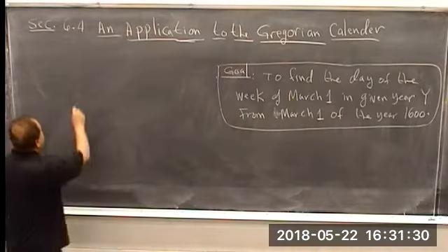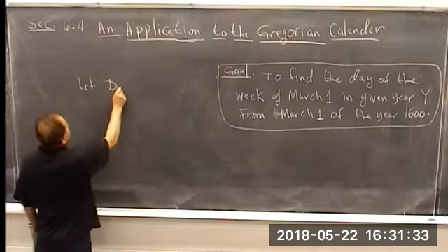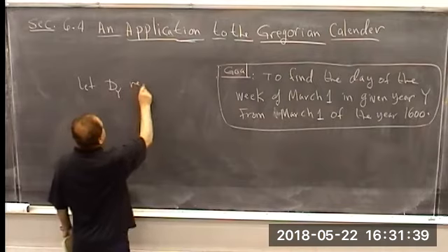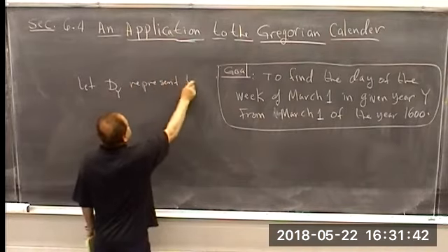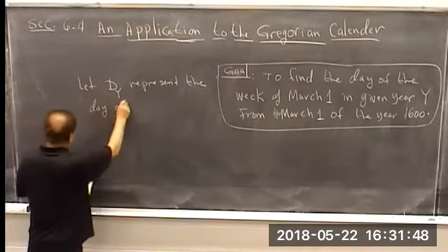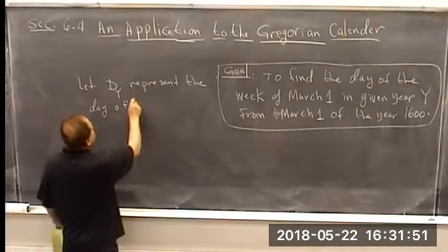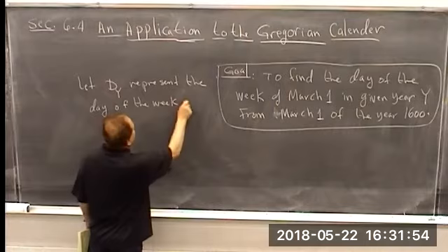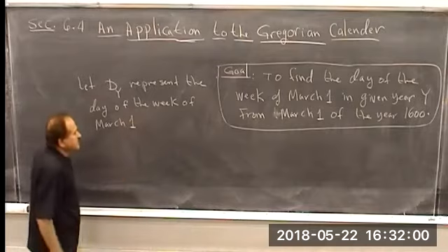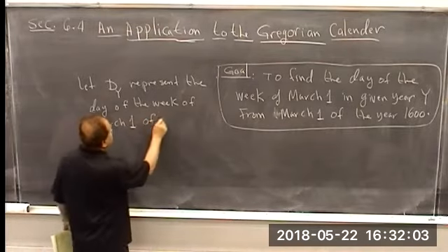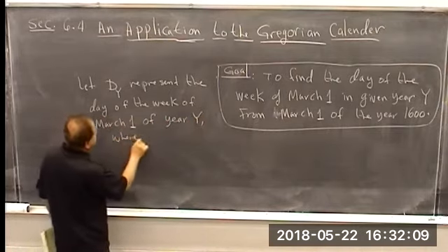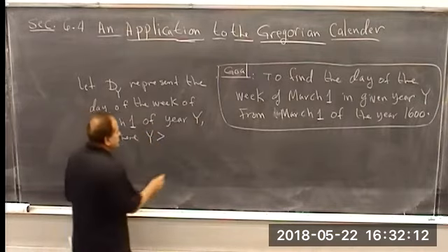So if we denote, we're going to let D sub Y represent the day of the week of March 1st of year Y. And where Y, of course, is bigger than 1600.